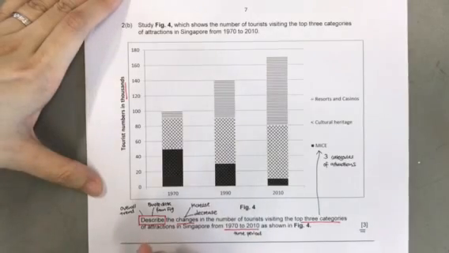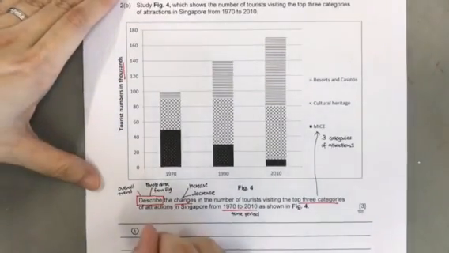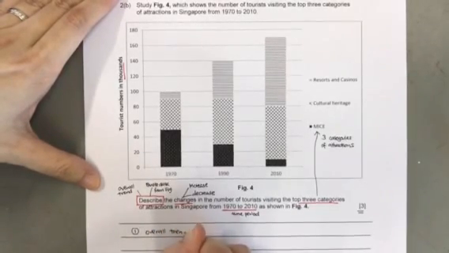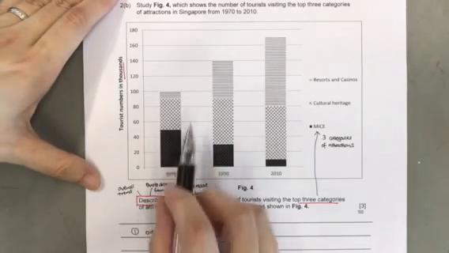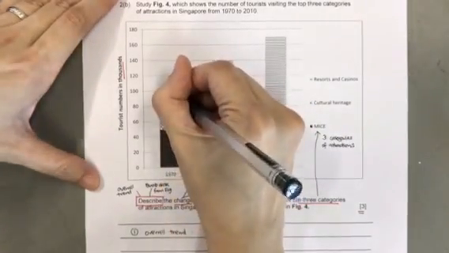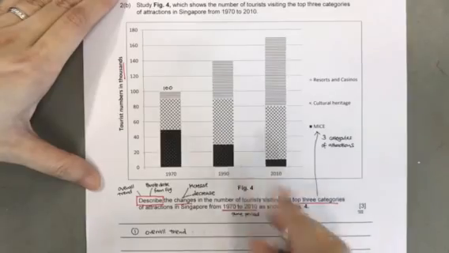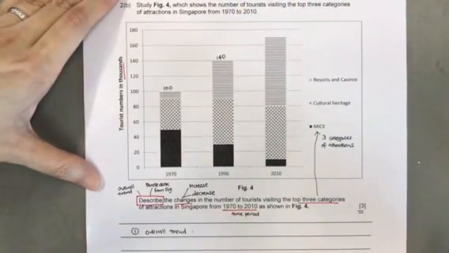Okay, the first point is for you to identify the overall trend. From 1970 to 2010, you realize that the tourist number in thousand have increased over the years. 1970, you see that there are 100,000 tourists. 1990, you see that there is 140,000 tourists.